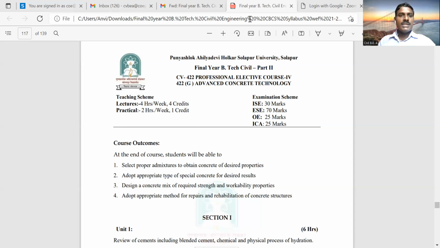If you see here, the teaching scheme has 4 lectures per week and practical 2 hours per week. Then the examination scheme for the subject is 30 marks ISE, 70 marks end semester examination, and an oral examination of 25 marks, and ICA term work, that is internal continuous assessment, for 25 marks.